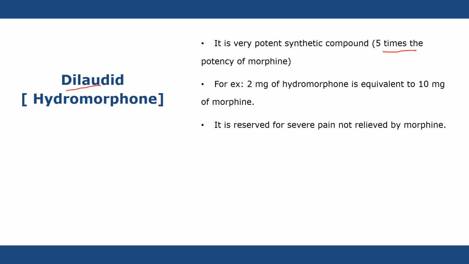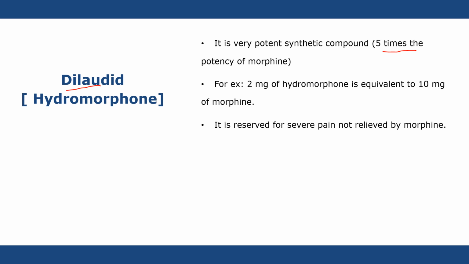So, for example, let's say I have a patient with chronic pain, and we tried acetaminophen, we tried NSAIDs, we tried tramadol, maybe hydrocodone, which is Norco, and maybe oxycodone, morphine, and my patient is still in pain, and then perhaps next stop can be hydromorphone.